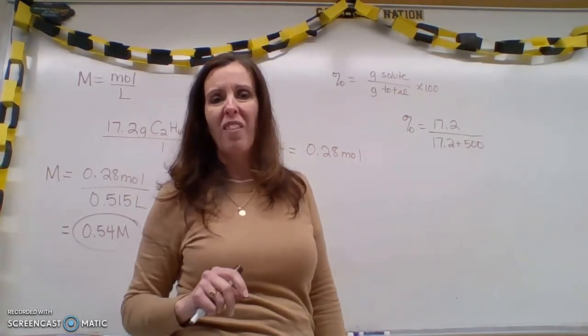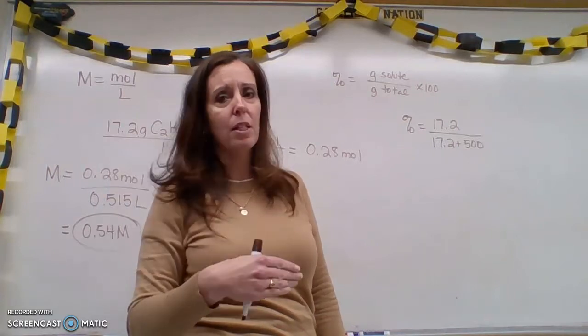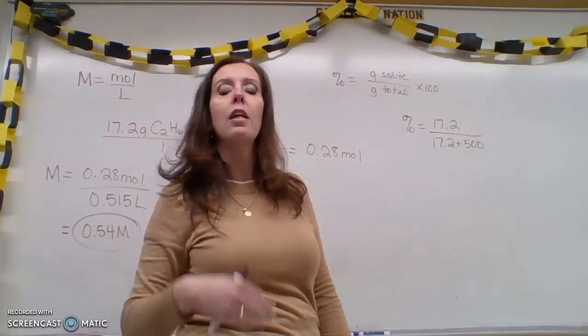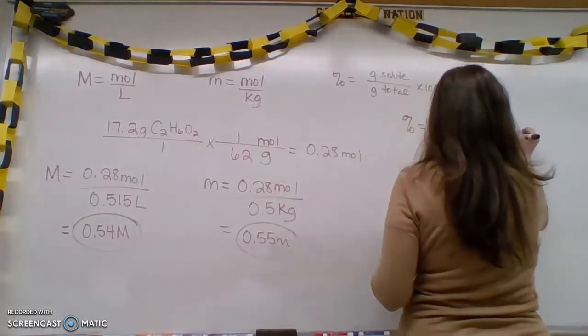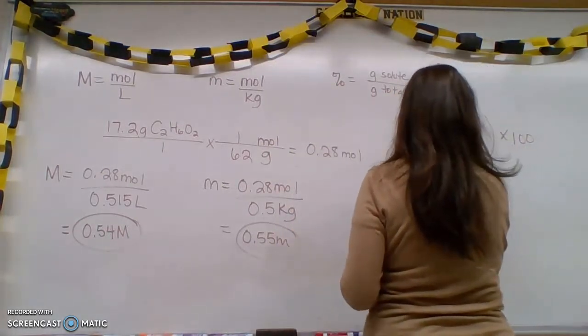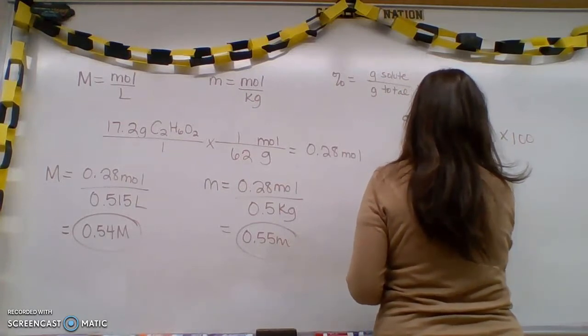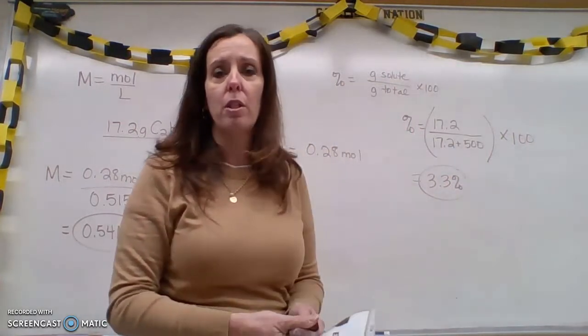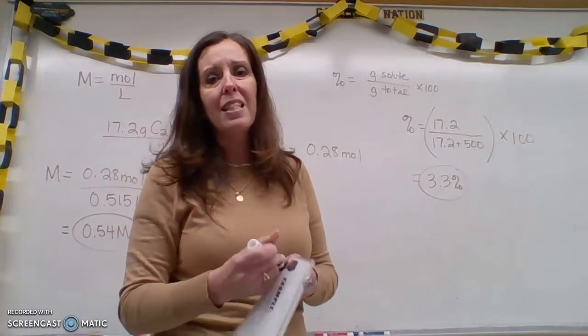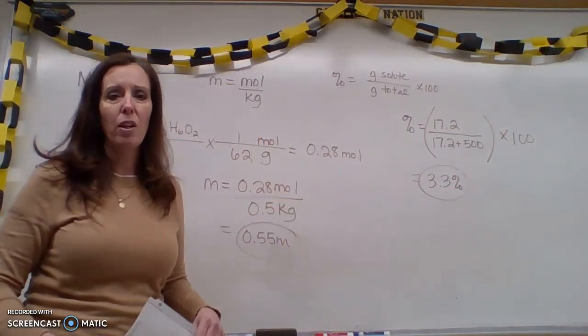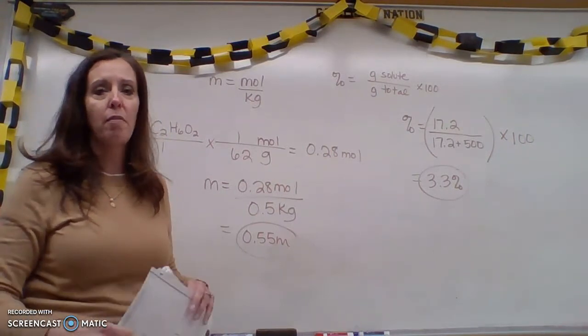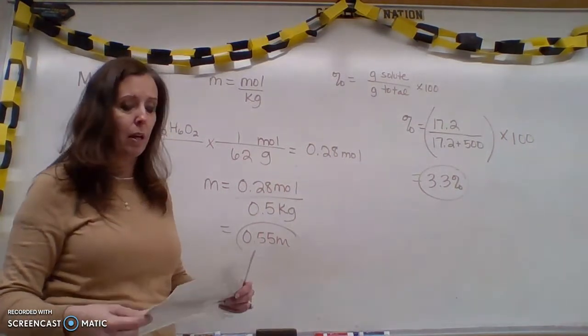Because I told you I had 0.5 kilograms. So I move the decimal over, multiply by 1,000, and I get 500 grams. All of that times 100, 3.3%, and I'm good to go. Yes, that was a lot of work for one problem. Boom, boom, boom. Was any of it really hard? Not at all. You could have handled that last year in high school chemistry.